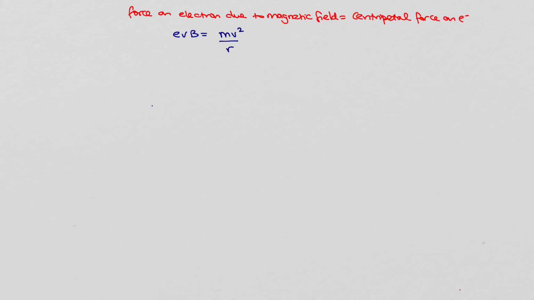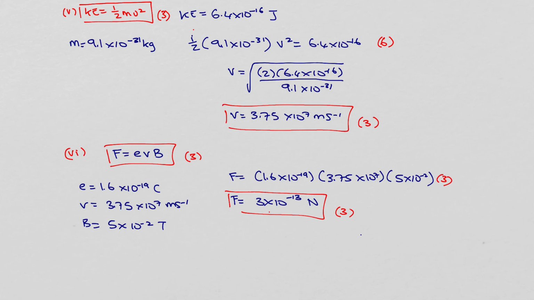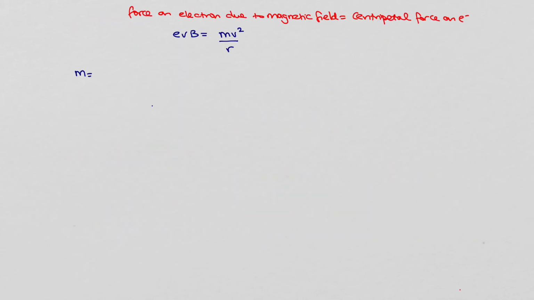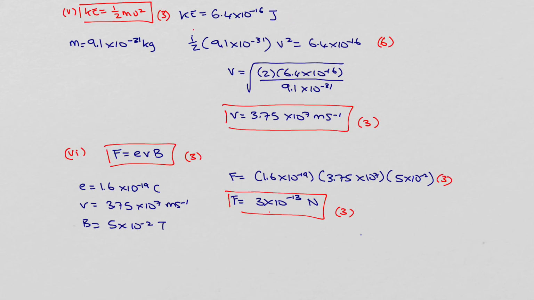So our mass on our electron, if we look, is at the bottom of the question there, 9.1 by 10 to the minus 31, or else on page 46. We've just worked out the velocity. So we said our velocity was 3.75 by 10 to the power 7.